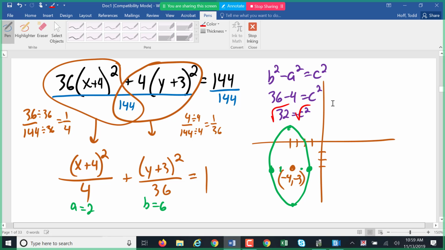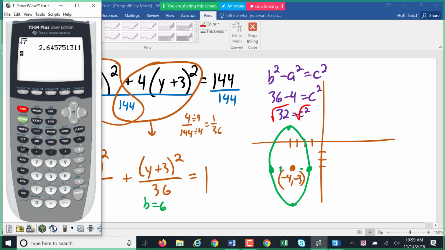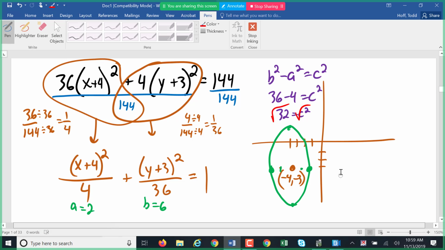Square root of 32 is 5.66 basically. So that means we're going to be somewhere in here and here for our foci.